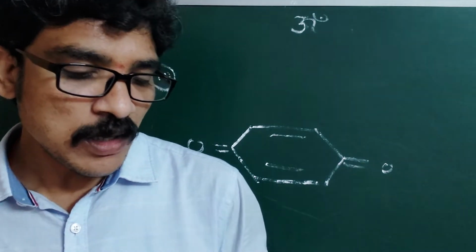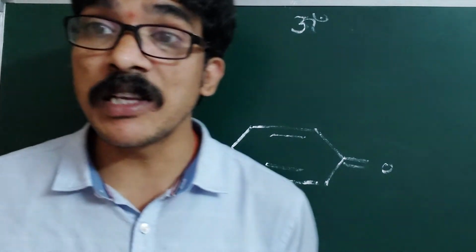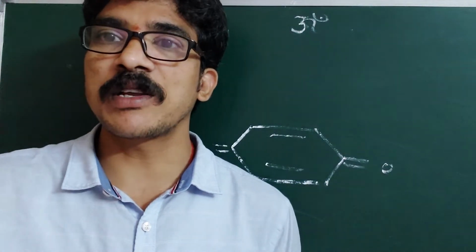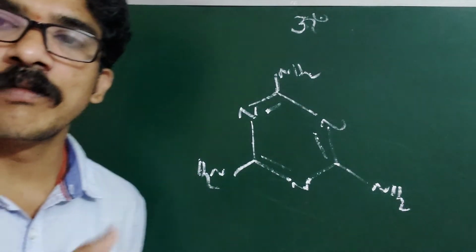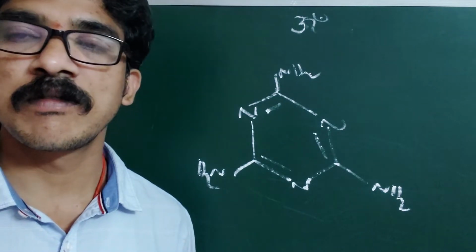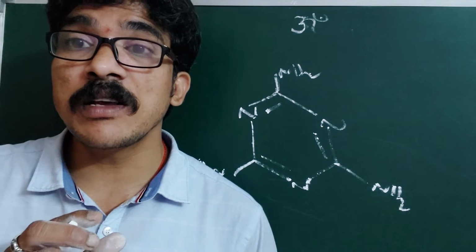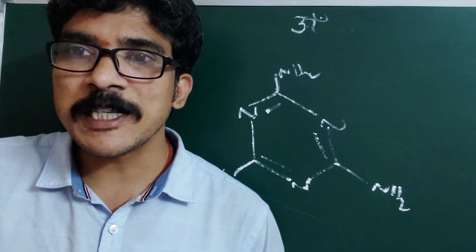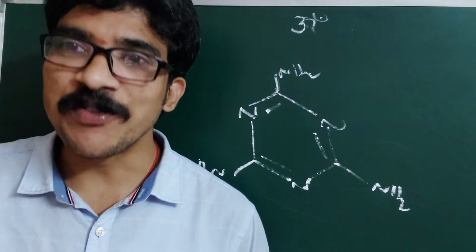Next question. The number of lone pairs in melamine. The structure of melamine is given many times. The number of lone pairs can be answered only by using the structure.